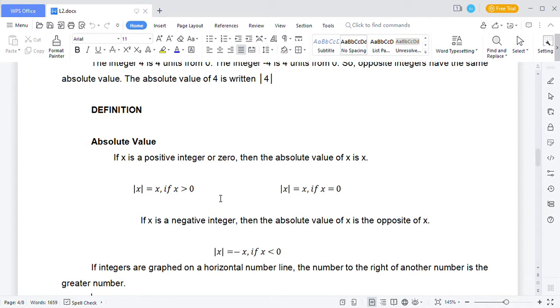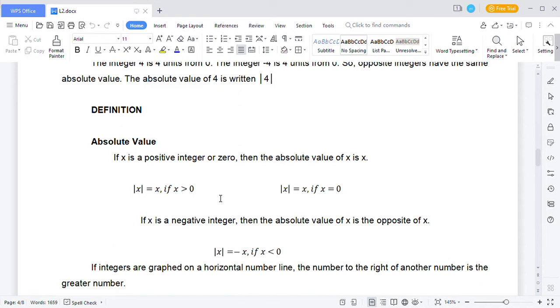That is positive 5. What is the absolute value of negative 20? That is 20. What is the absolute value of positive 20? Still positive 20. What is the absolute value of 20? That is still 20. And the absolute value of negative 20 is 20.